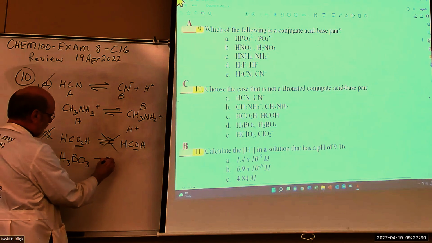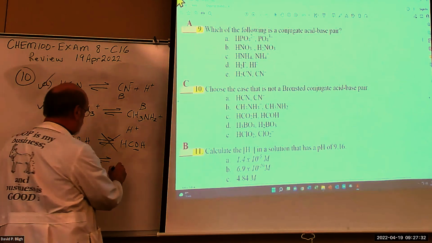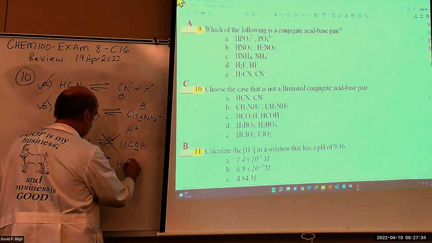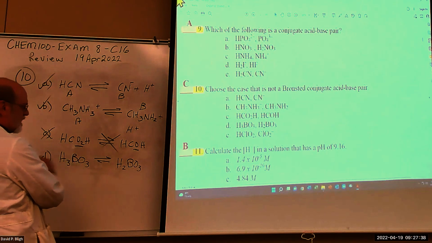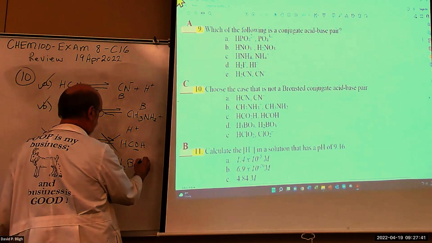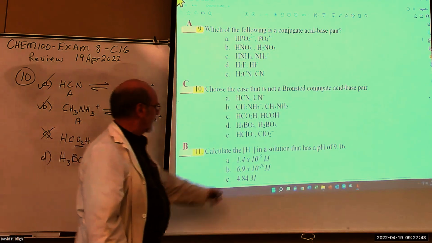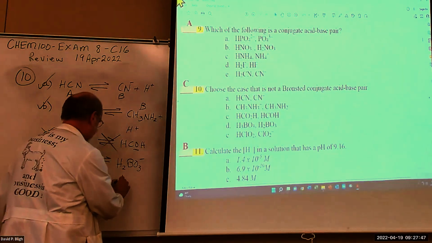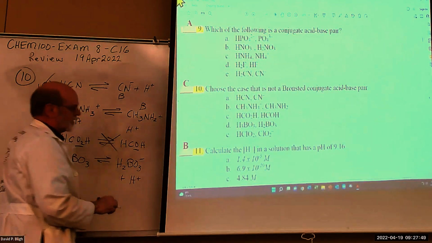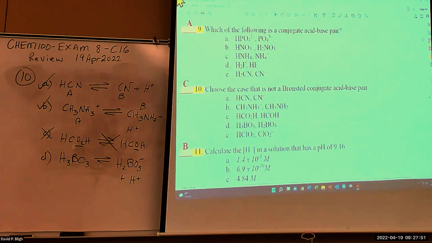How about this one? H3BO3, which is boric acid, and H2BO3. That should be a minus. Yeah, that should have a minus here because it lost 1 proton. All right, so that's a problem.